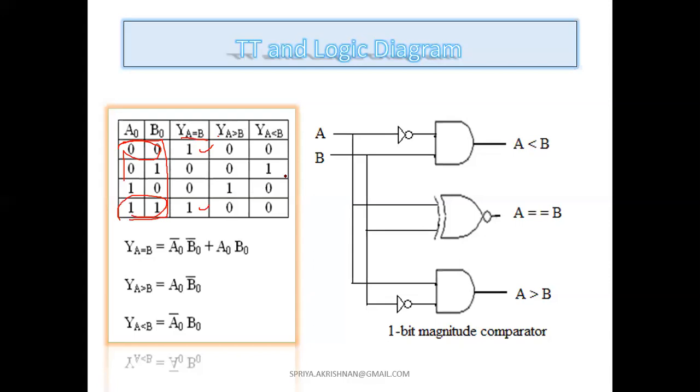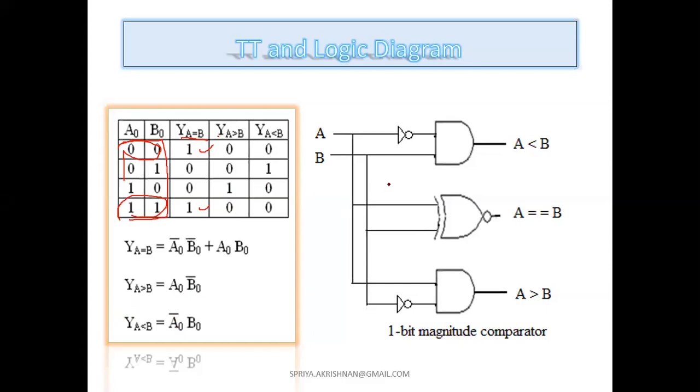All other times the other LEDs start to glow. So for A less than B, we will just see the expression and then we will go to building the circuits. A less than B is A bar B, and A greater than B is A B bar.